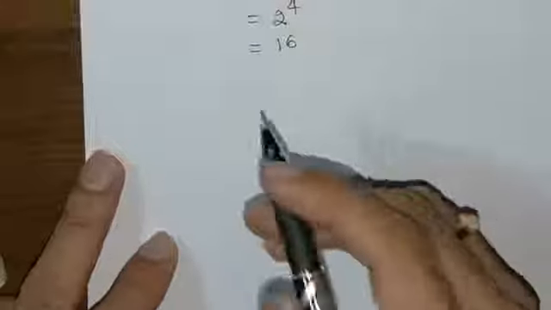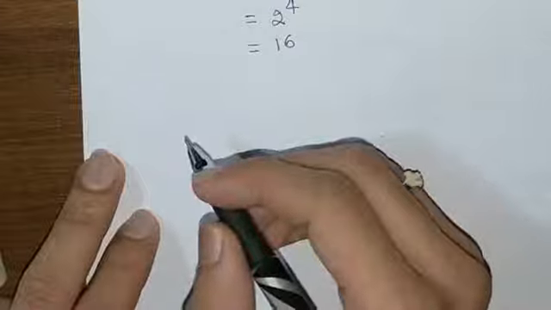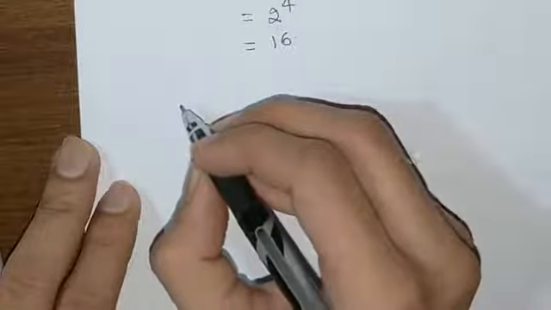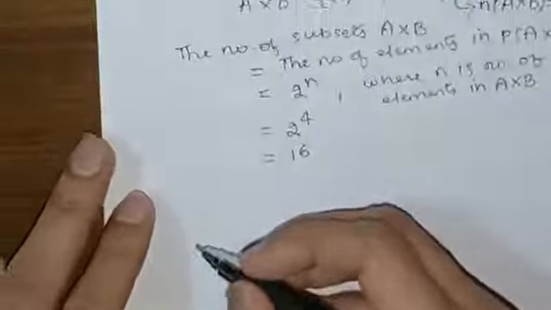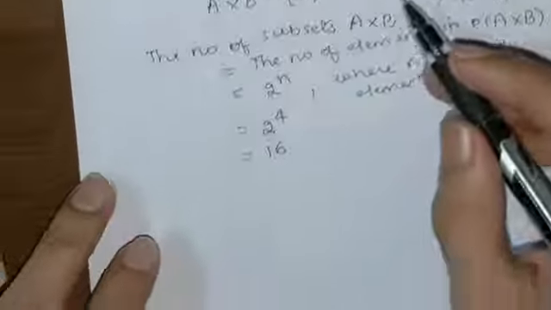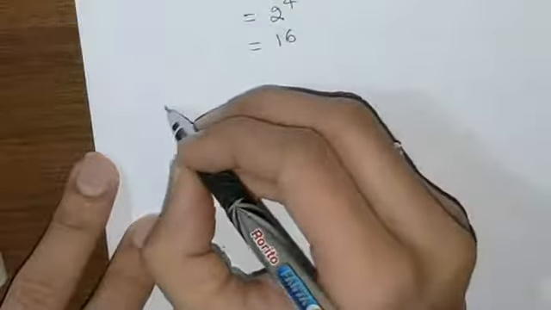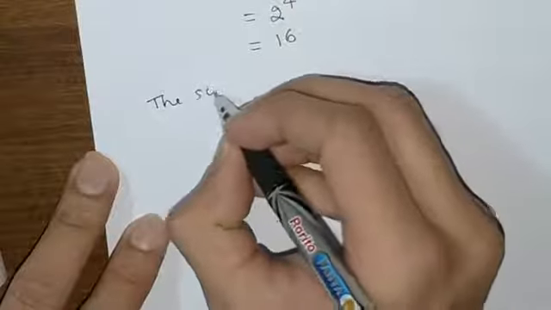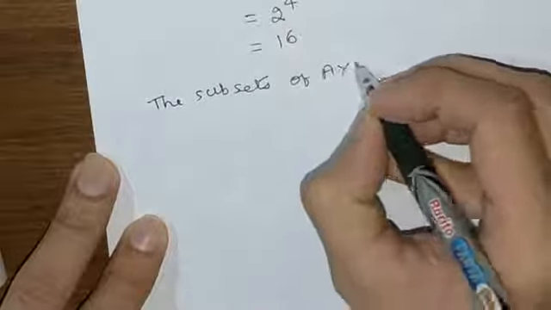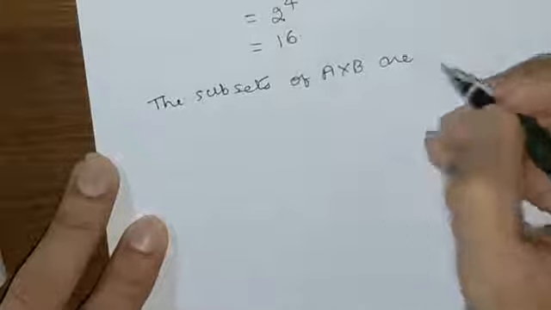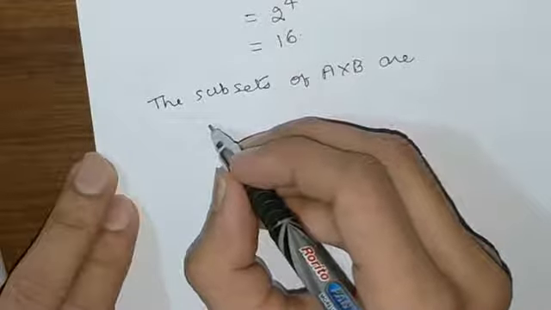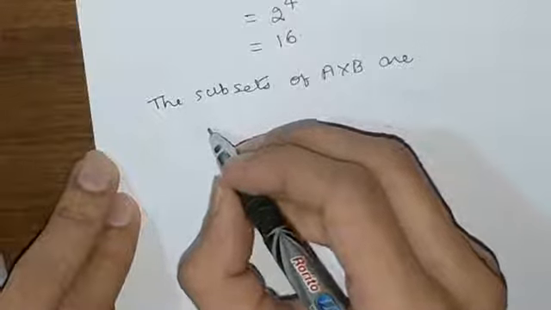List them. We have to list all the subsets of A cross B. The subsets of A cross B are, first we will write the subsets containing one element.